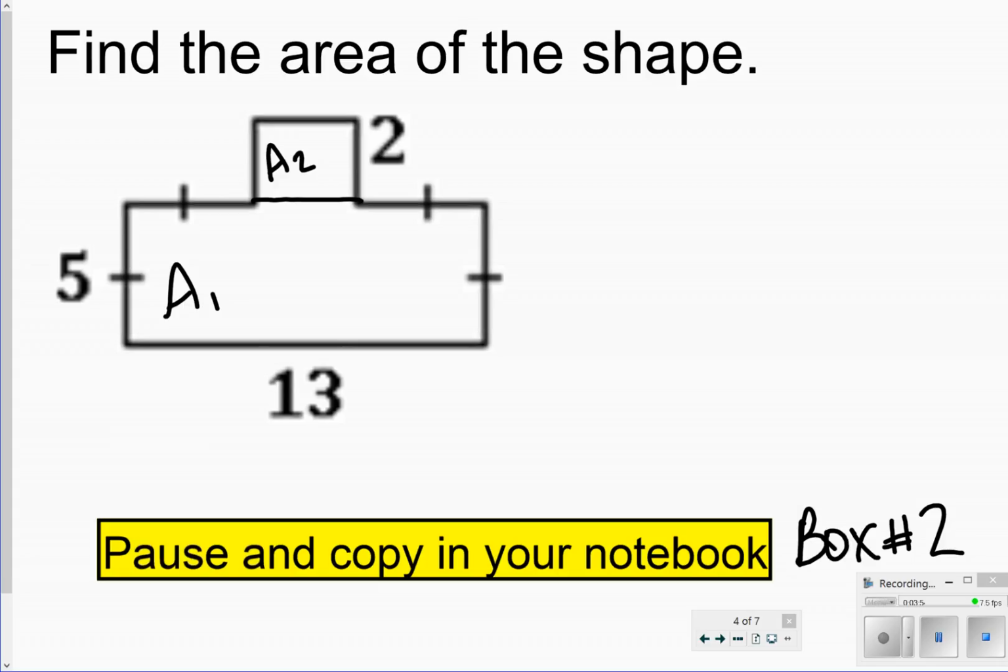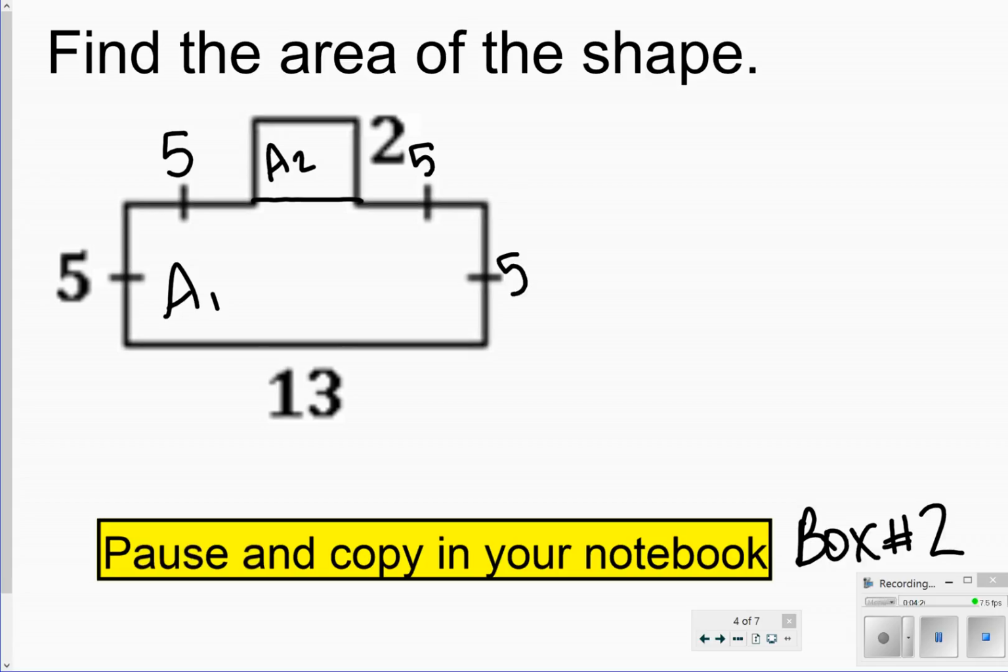Now, because we have hatch marks, these lines that are on our shape, we know that those show congruency. So we know every time we see that matching hatch mark that all of those sides will have the same length measurement. This part number 1 shows that the measurement of this is 5. So that means right here would be 5, and right here would be 5, and right here would be 5.